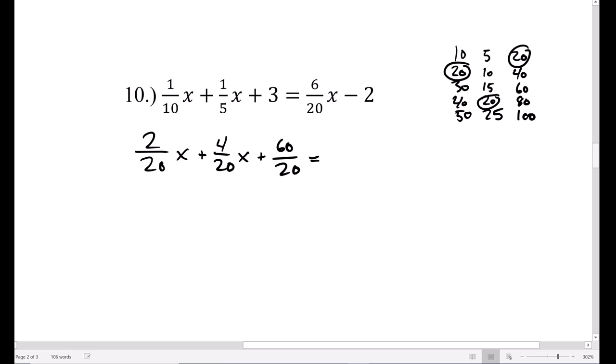On the right side, that 6 20ths is already in terms of 20ths, so 6 20ths x is okay. And the minus 2 becomes 40 20ths. So again, if I wanted to show you, it's 2 over 2, this is times 4 over 4, this is times 20 over 20, and this is times 20 over 20.